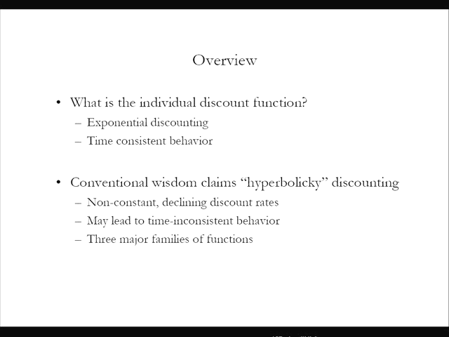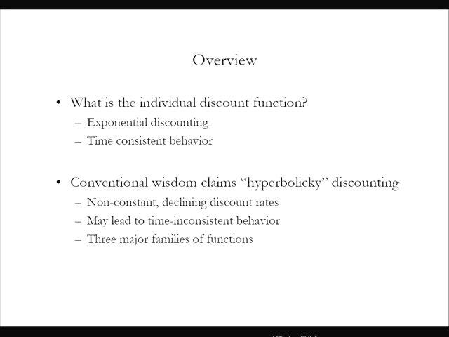Within the hyperbolic ones, for some specifications the exponential discounting function is nested in those specifications. So you can actually directly test whether they are hyperbolic or exponential. And then there are certain specifications where the exponential function is not nested. So you can't make a direct test of exponential versus hyperbolic discounting.